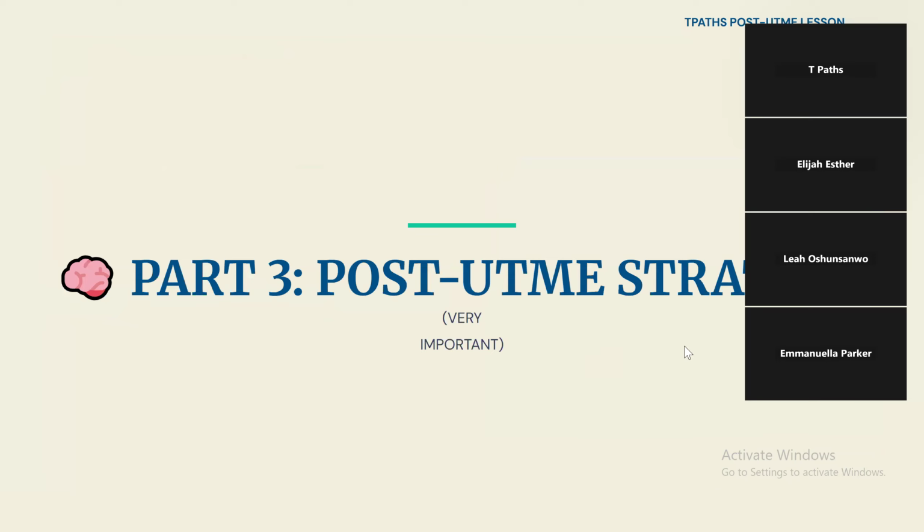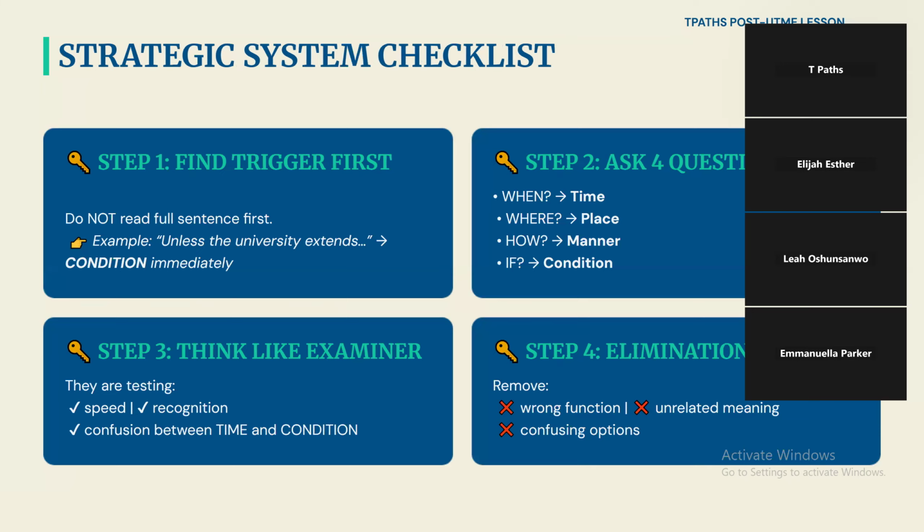Okay, so let's move on to post-UTME strategies, which is very, very important. You have to have this checklist at the back of your head. Step one, you need to pay attention to the trigger words.